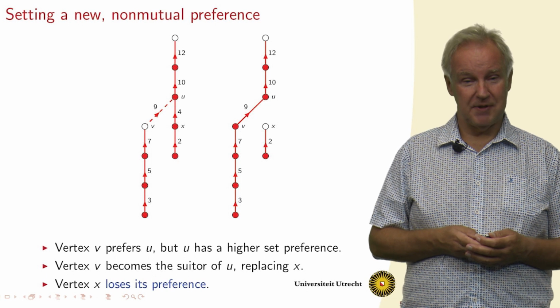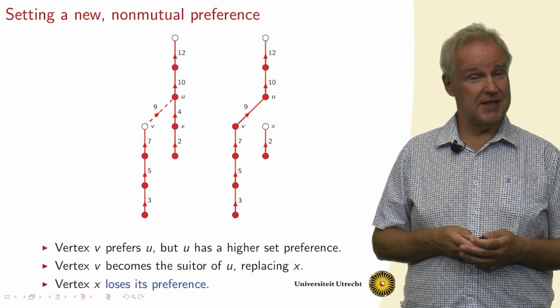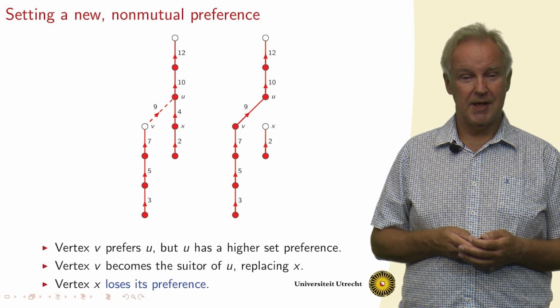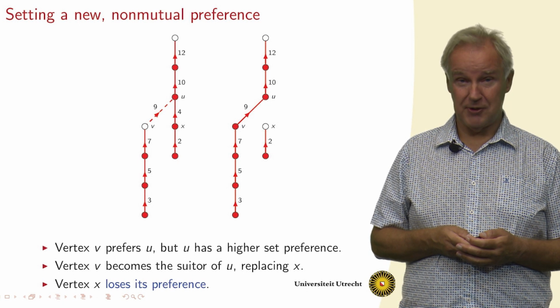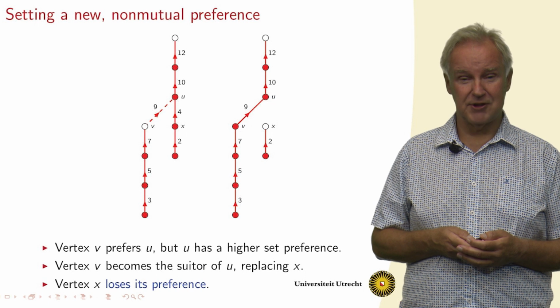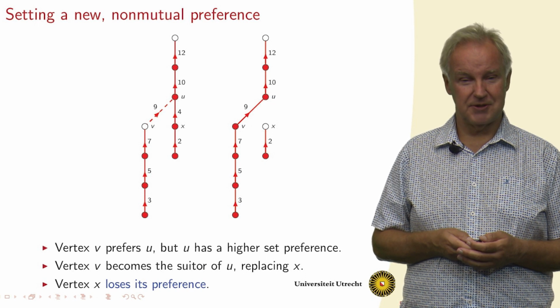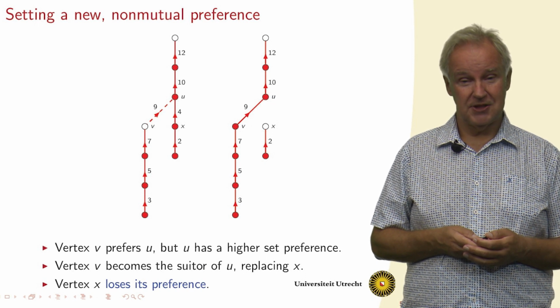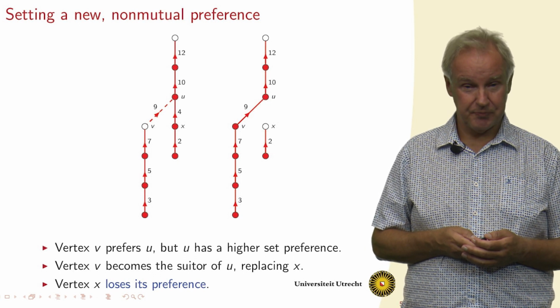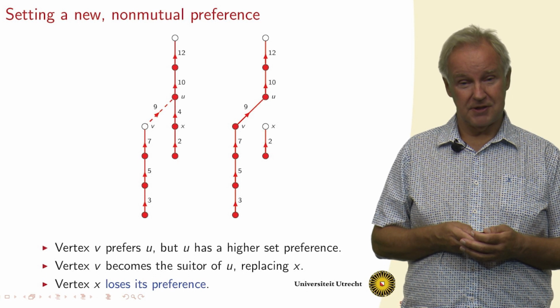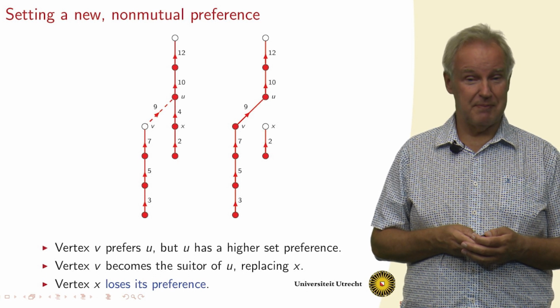It can also happen that v sets the preference to u with a weight of 9, but u has already set its preference with a weight of 10 to another vertex. And that means that v can set its preference to u, but it's not mutual. We don't have a match.